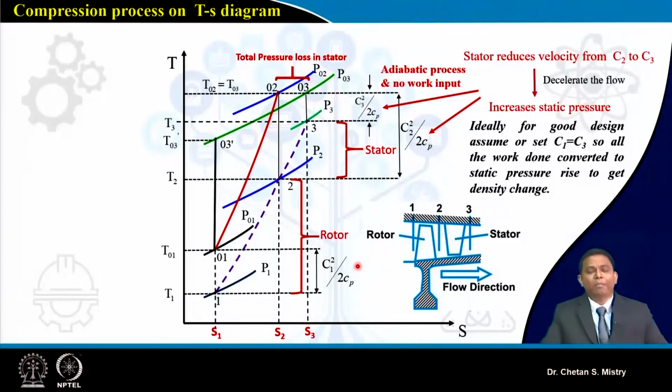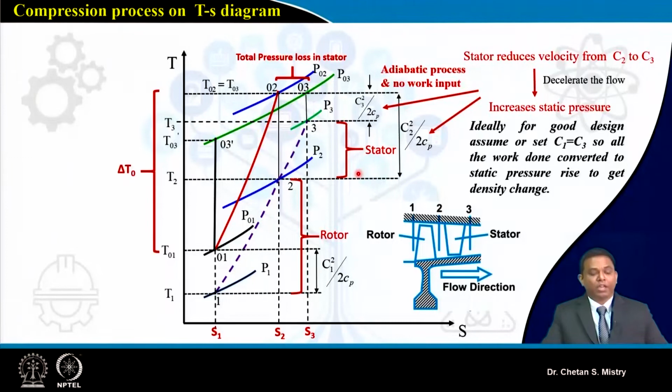Now in many designs, people prefer the inlet absolute velocity and exit absolute velocity to be the same. We will be discussing this aspect very soon, but what they say is we are expecting our work done to convert the static pressure rise to get the density change, which gives me my expected absolute velocities C1 and C3 to be the same.